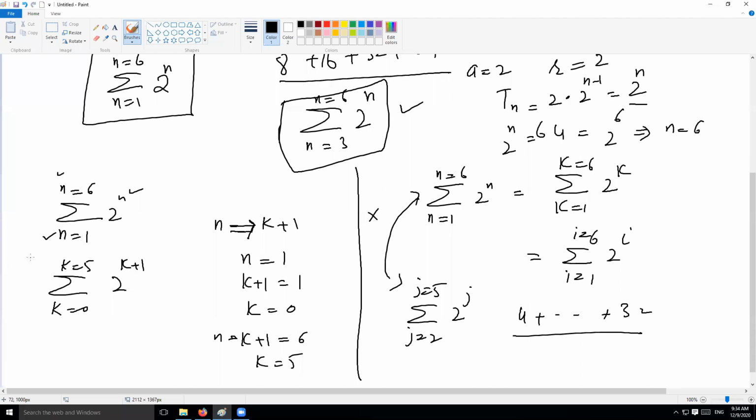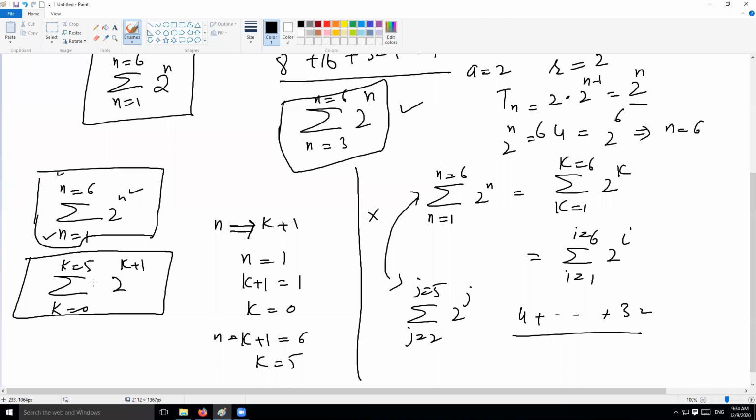Now these are the two sums which are really equal to each other, and apparently they have different indices as well. So you have to be very careful in saying that the two sums are equivalent or not.